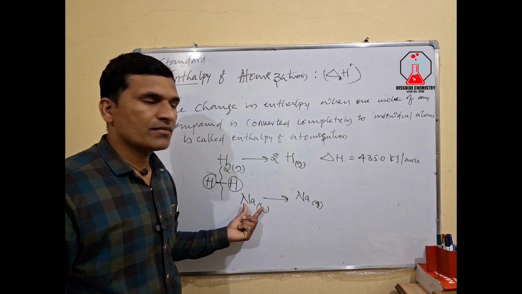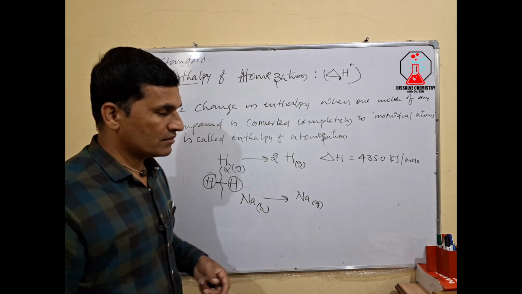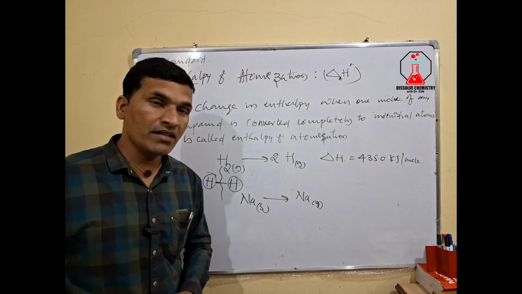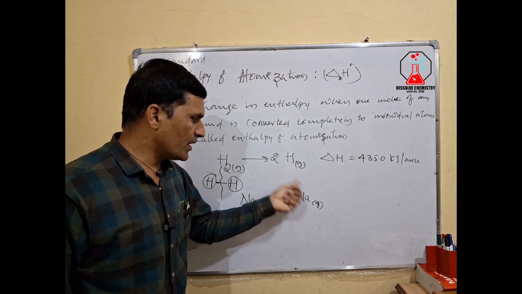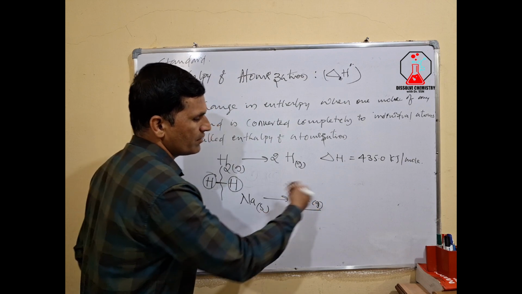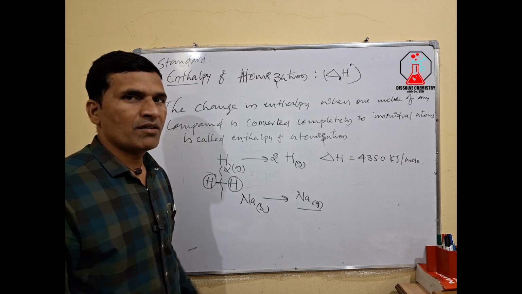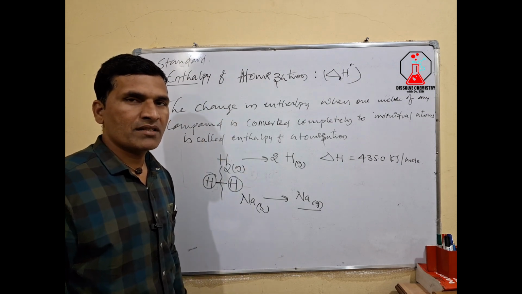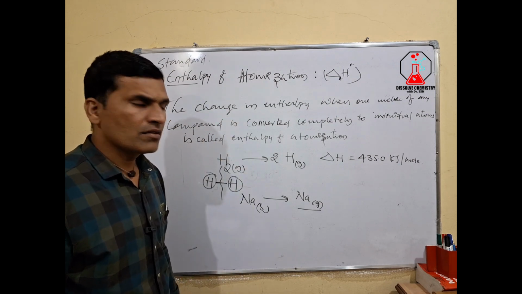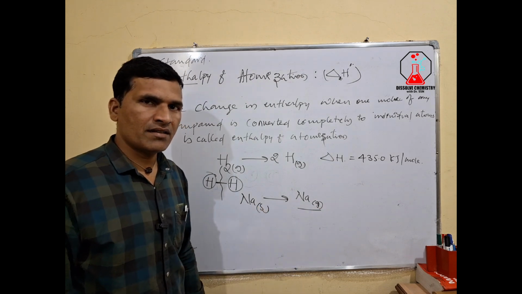We are breaking that because we want to make atoms. So when you completely convert 1 mole of solid sodium into gaseous sodium, the amount of energy required is our enthalpy of atomization. Here we are going from solid state to gaseous state.